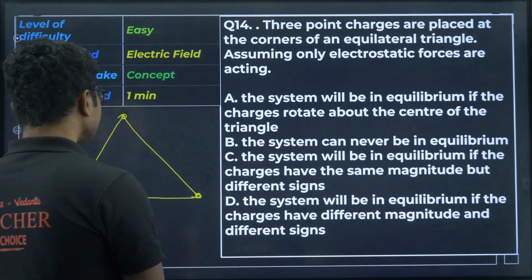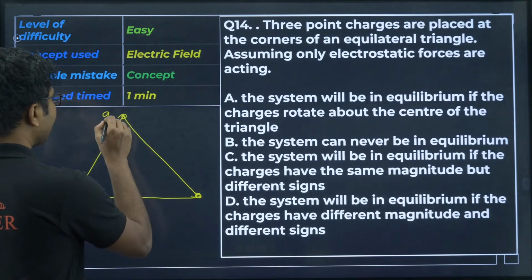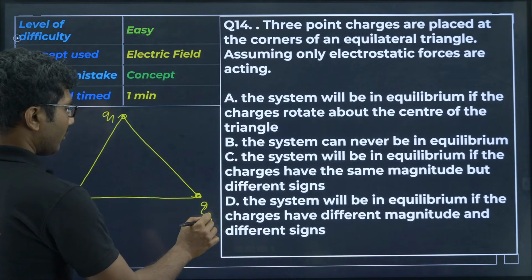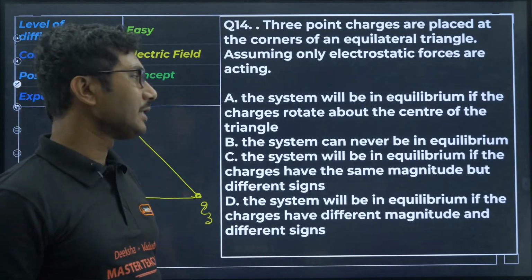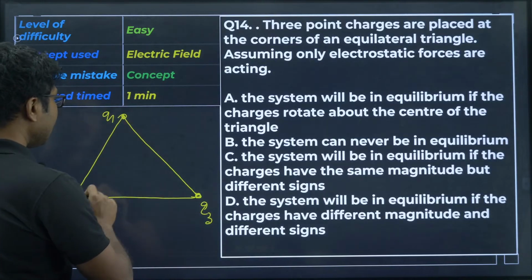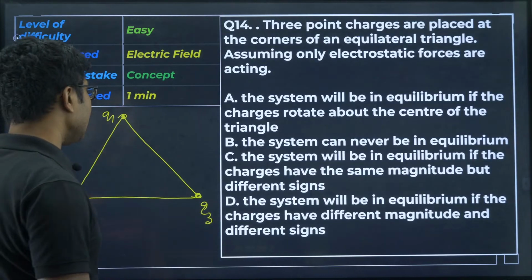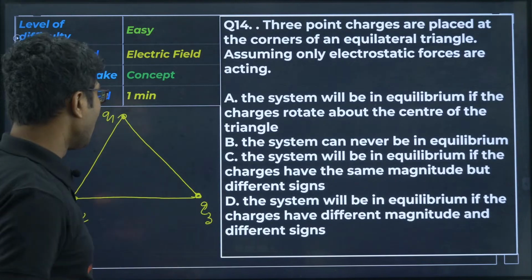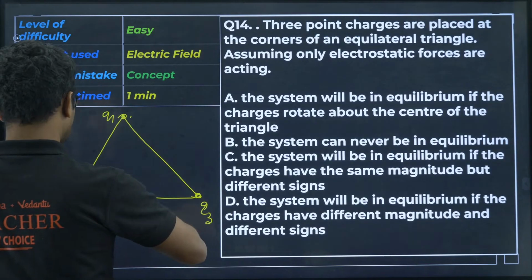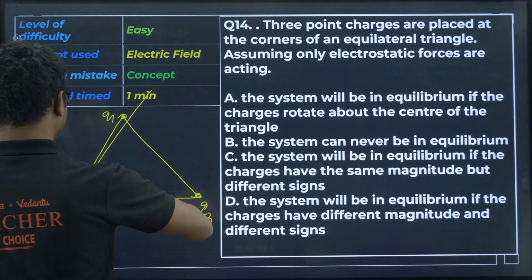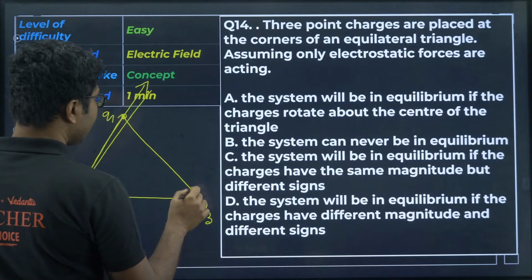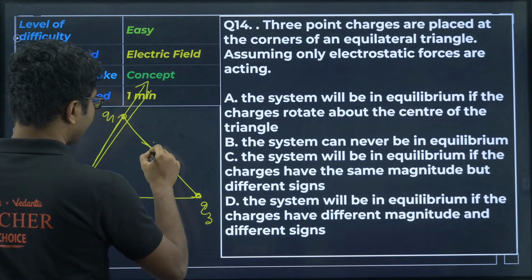Let's see. Suppose this charge is Q1, this is Q2, this is Q3. System is in equilibrium means net force on all the individual charges will be 0. So first we consider the Q1 charge. What is the force between Q1 and Q2? The force is in this direction. Between Q1 and Q3, it is in this direction.